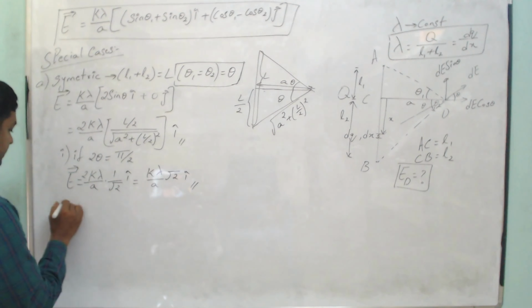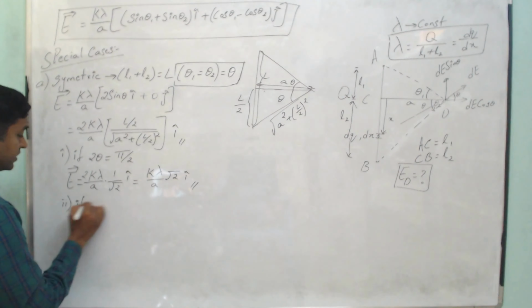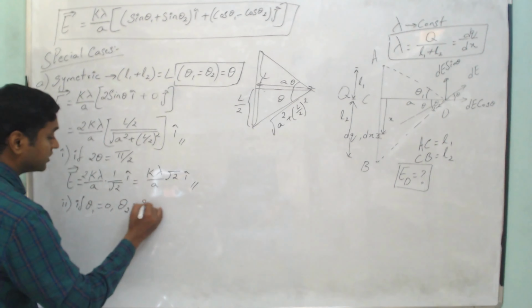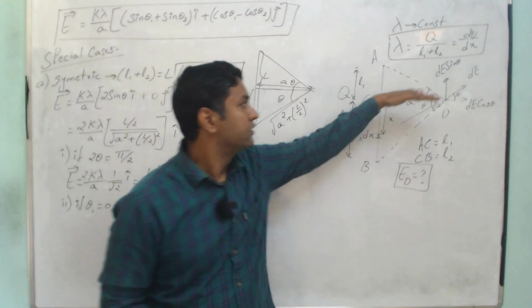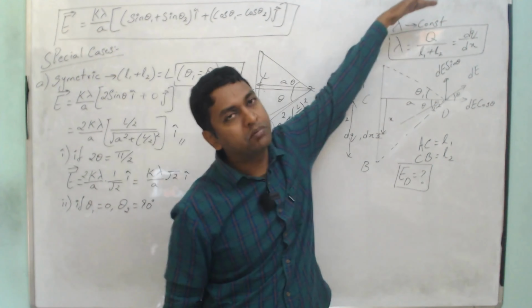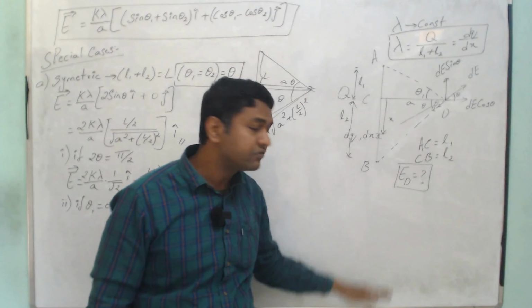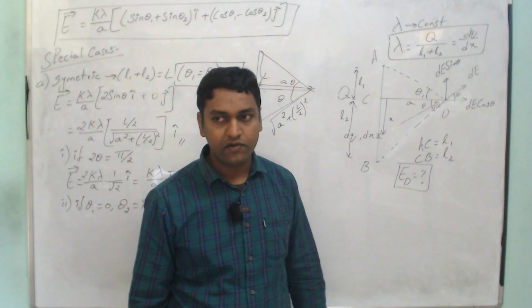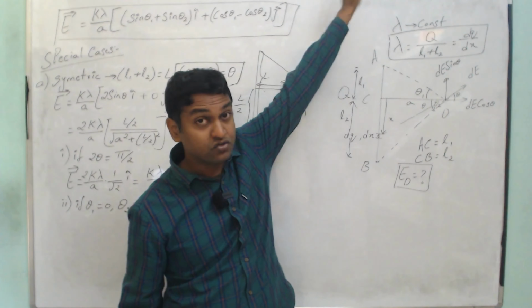Another subcase I can write over here: if my theta 1 becomes 0 and theta 2 is 90 degrees. That means there is no rod in the upper side, whereas on the lower side we have rod till infinity. Above this horizontal line there is no rod.